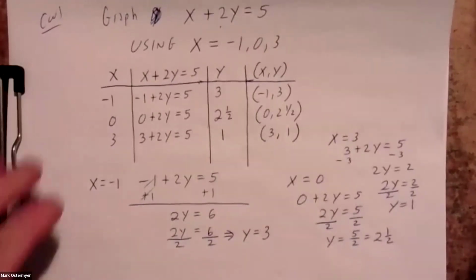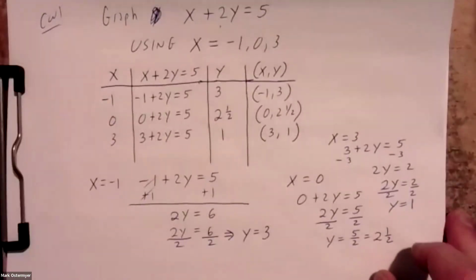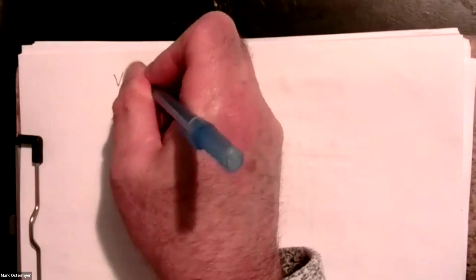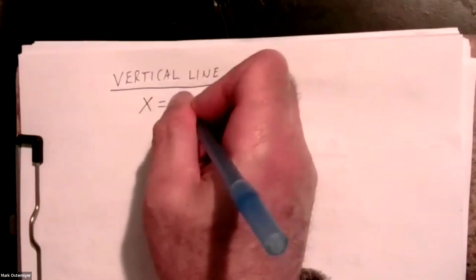All right. Now, ladies and gentlemen, there are 2 special cases for linear equations that I would strongly recommend that you just memorize. What would be the equation of a vertical line? The equation of a vertical line is always going to be just x equal to some real number c.